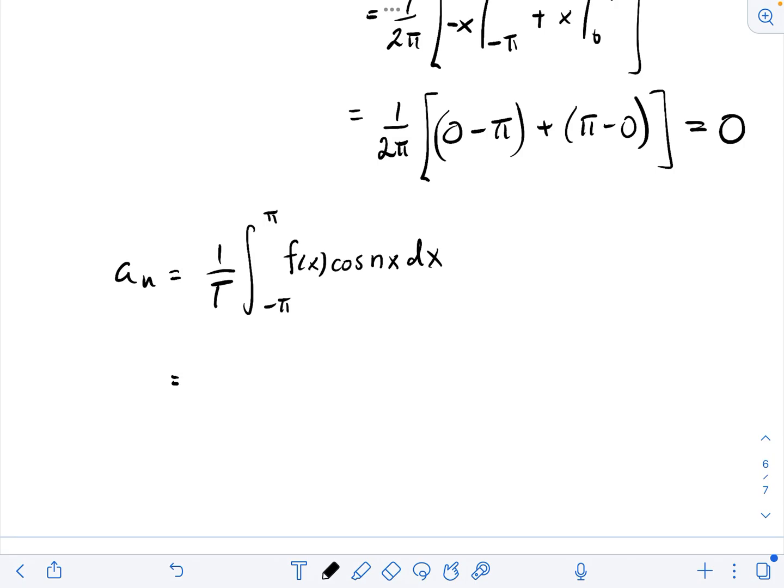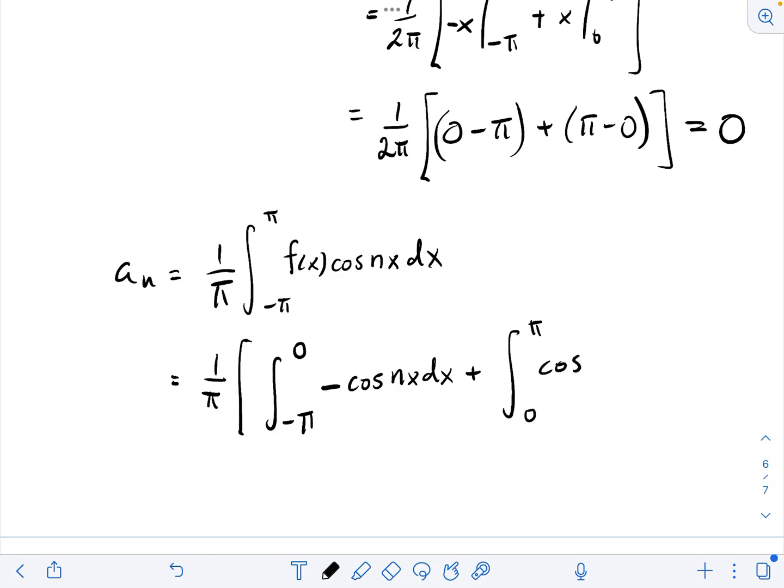Okay, but we're going to break the integral up into two parts. So it would be from minus pi to 0, and then on that interval, f of x is minus 1. So we have minus cos nx dx plus the integral from 0 to pi times f of x is going to be plus 1 cos nx dx.